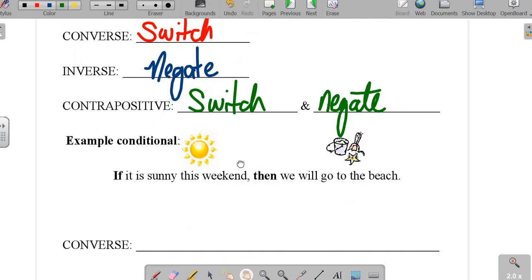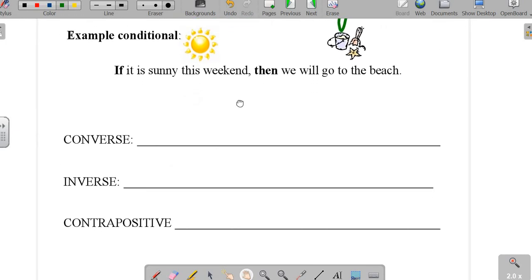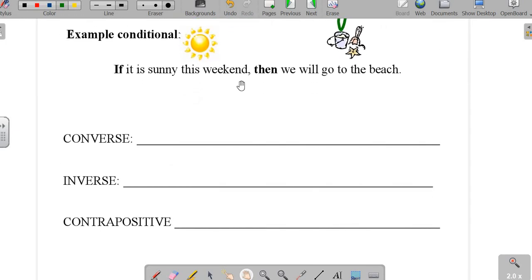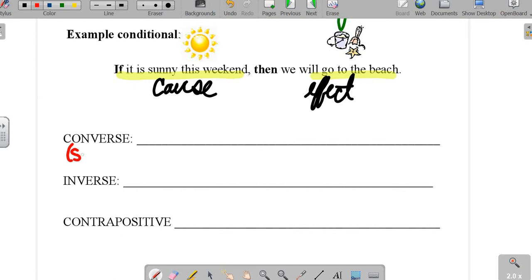Let me give you an example. Follow along. Here's a conditional statement. If it is sunny this weekend, then we will go to the beach. If it is sunny this weekend is your cause. And going to the beach is your effect. Okay? The converse means to switch.